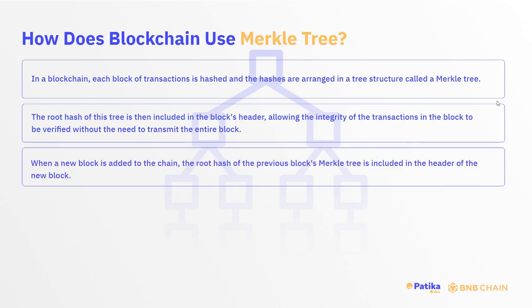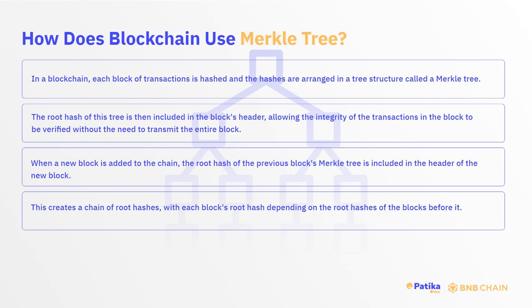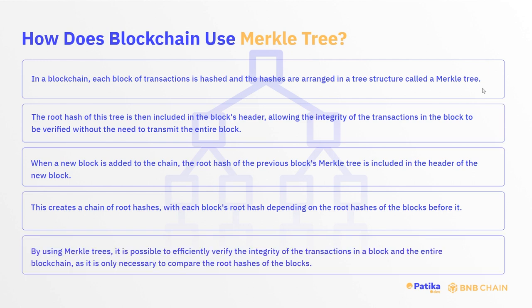When a new block is added to the chain, the root hash of the previous block's Merkle tree is included in the header of the new block. This creates a chain of root hashes, with each block's root hash depending on the root hashes of the blocks before it. By using Merkle trees, it's possible to efficiently verify the integrity of the transactions in a block and the entire blockchain, as it is only necessary to compare the root hashes of the blocks.